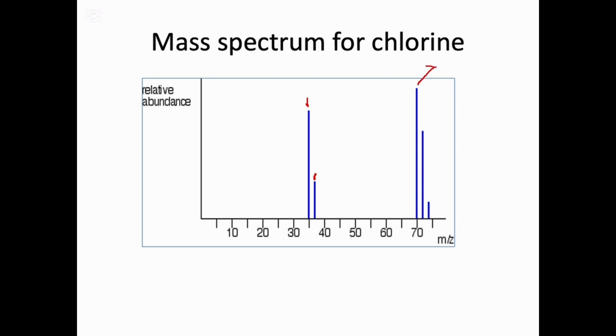This here represents your molecular mass of your compound if you just had your chlorine 35 isotopes only. 35 and your 35 peak, and then we have your 35 and then we have your 37, and then lastly we have your M plus 4, which is your 37 and your 37.